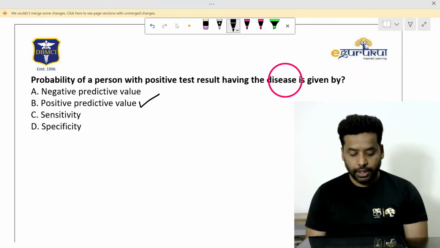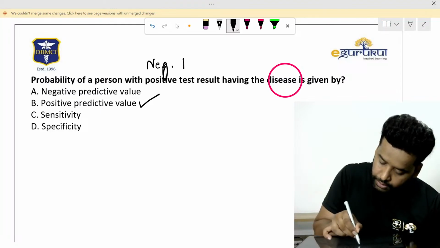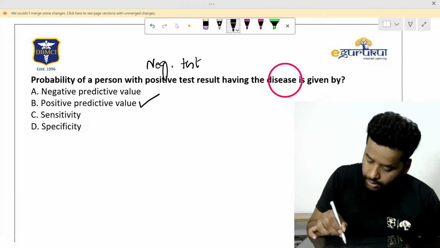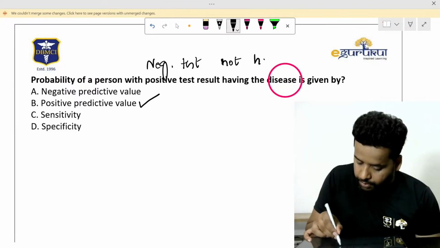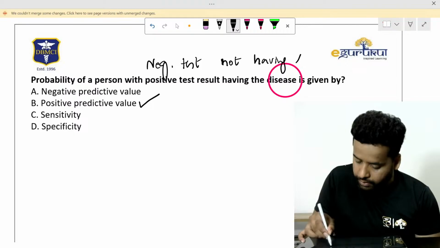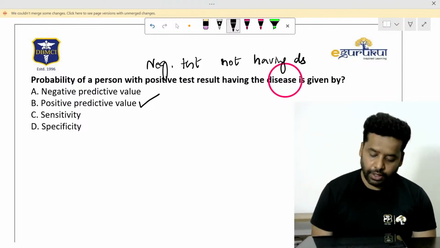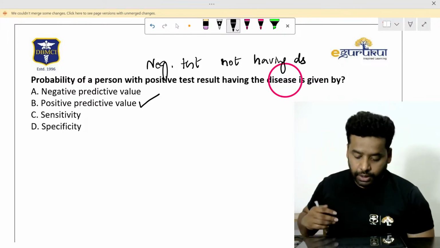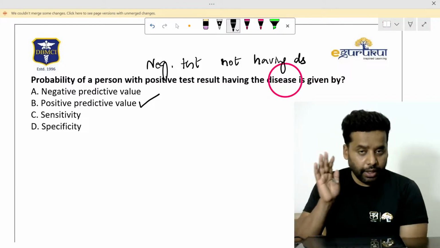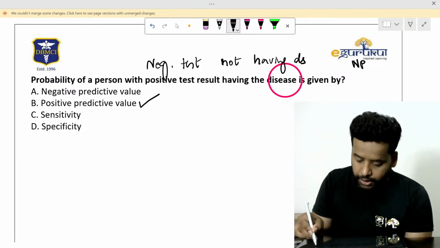Yes, very good. If I change the question, probability of a person with negative test not having disease, if I make the question the opposite, then you are ruling out. You are doing the diagnostic power of exclusion. First we did inclusion, now we are excluding. Then it becomes negative predictive value.